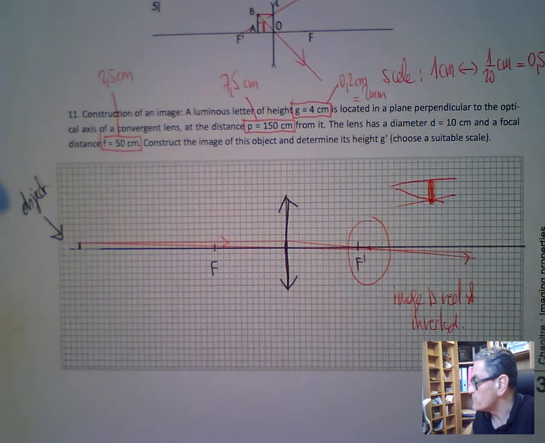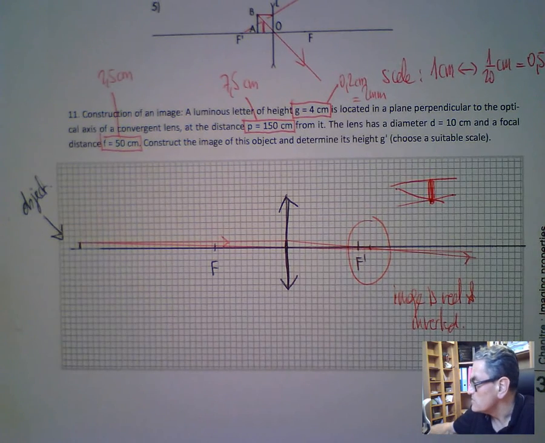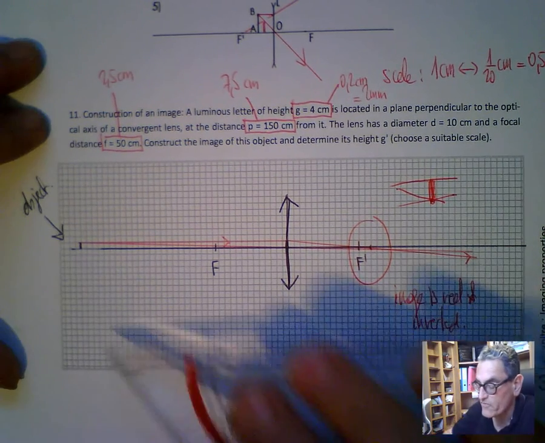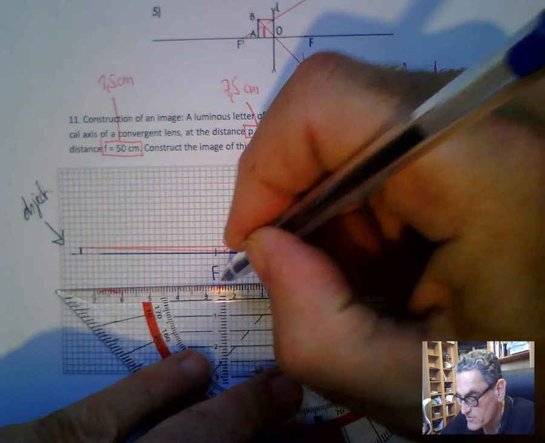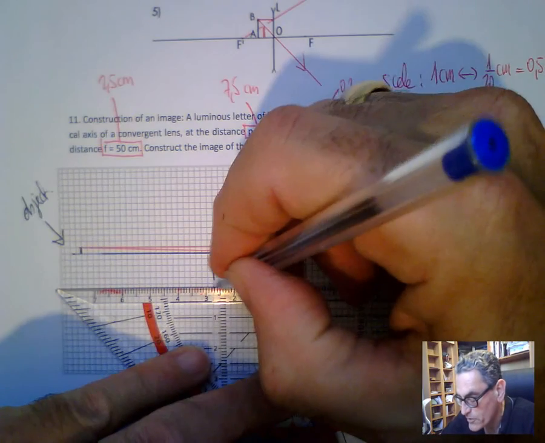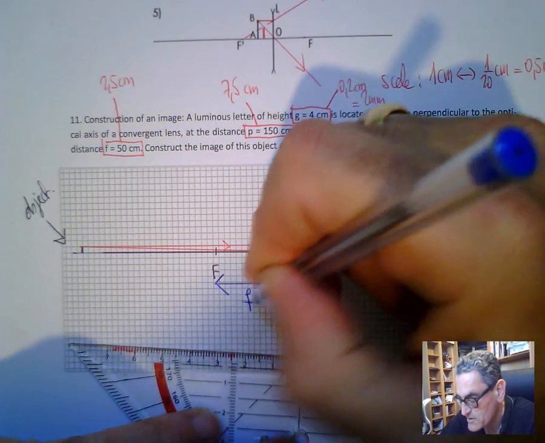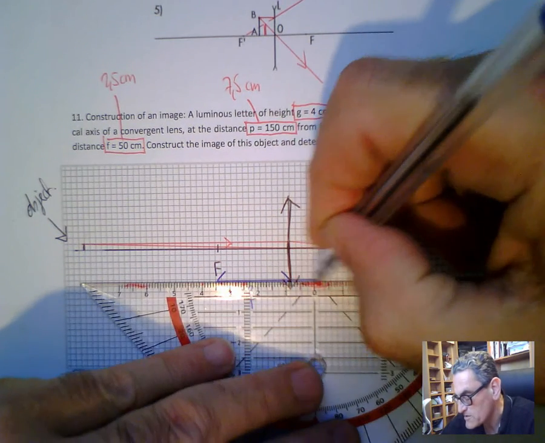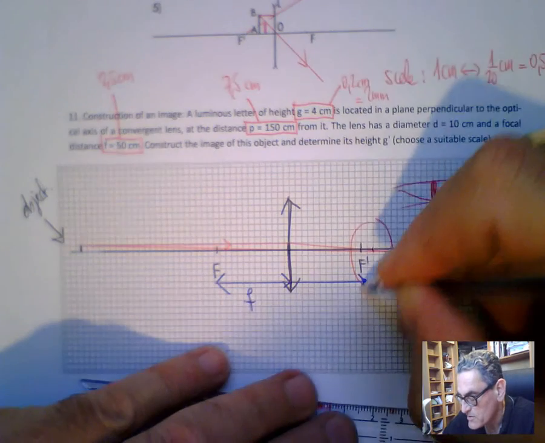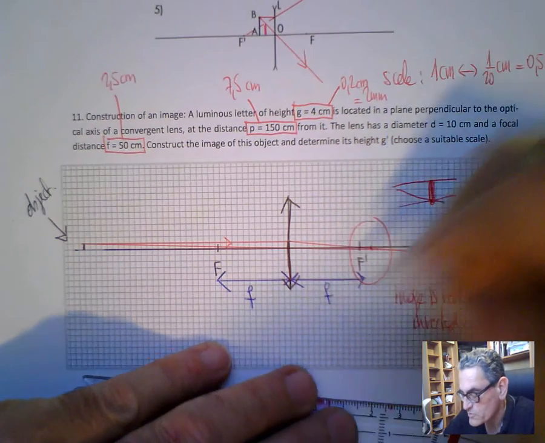Let's identify first of all the distances. So we said f is the distance between the focal point and the lens. Okay, this is small f, and it's the same on the other side. This is also small f.